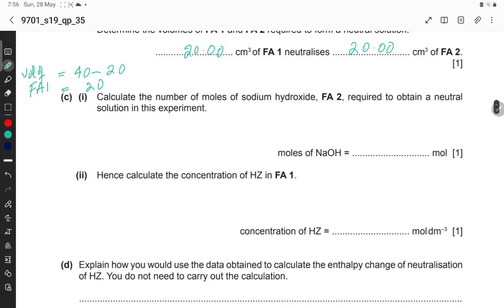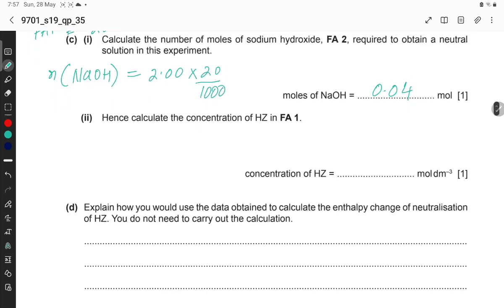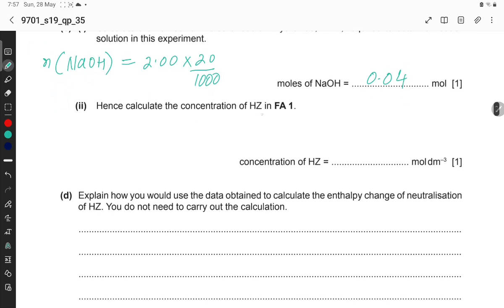Calculate the number of moles of sodium hydroxide required to obtain a neutral solution in this experiment. Moles of sodium hydroxide: we have concentration as well as volume, 20 divided by 1000. So the answer is 0.04 moles of sodium hydroxide. Hence, calculate the concentration of Hg in Fa1.